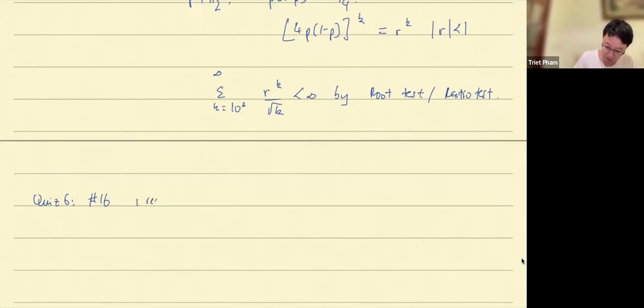Suppose i is recurrent, and i does not communicate with j. Then Pij is equal to 0.